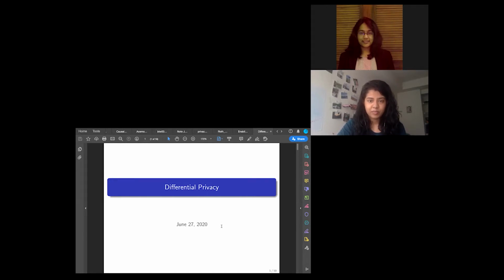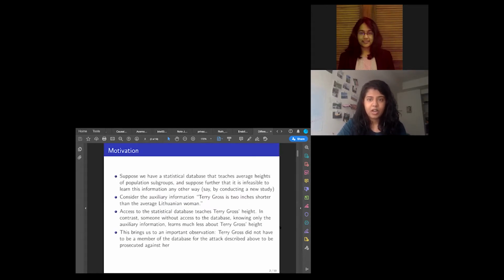So suppose we have a statistical database that teaches average heights of population subgroups, and suppose further that it is infeasible to learn this information any other way. So basically, in other words, height is considered to be private information.